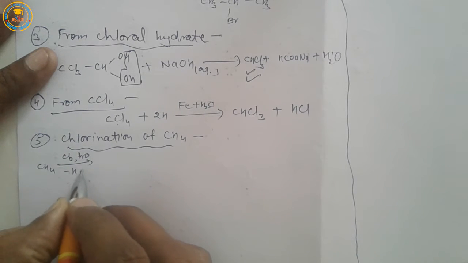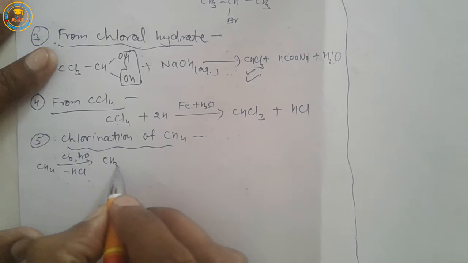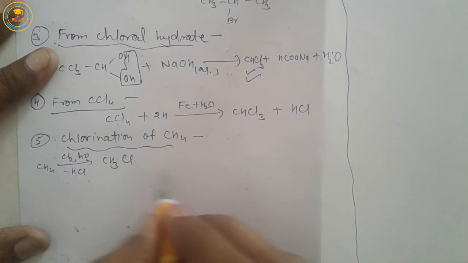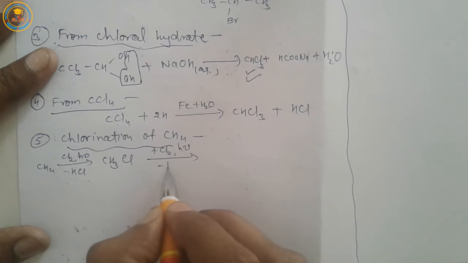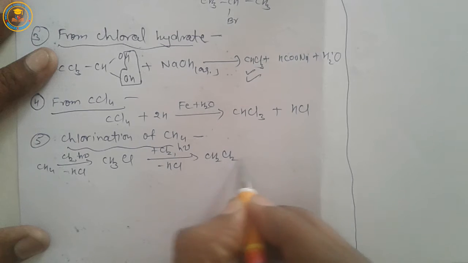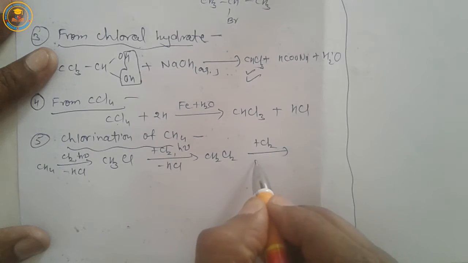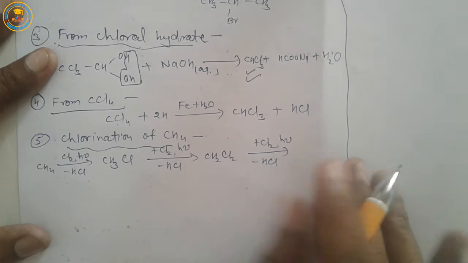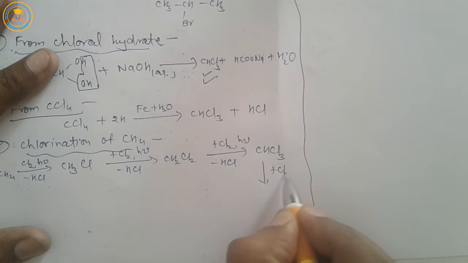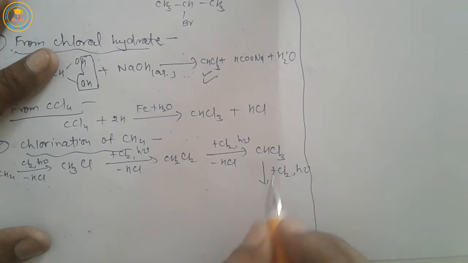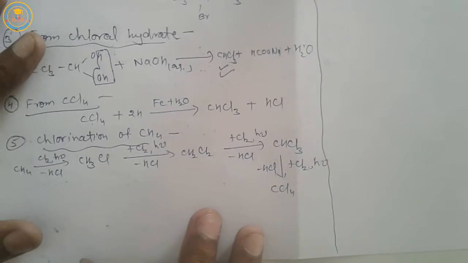Treated with Cl2 in presence of sunlight, methyl chloride is formed. Again, treated with chlorine in presence of sunlight, methylene chloride is formed. Similarly, in this condition, after removing an HCl molecule, chloroform is formed, and after chlorination of chloroform, CCl4 is formed here.